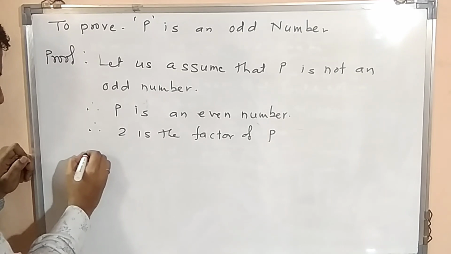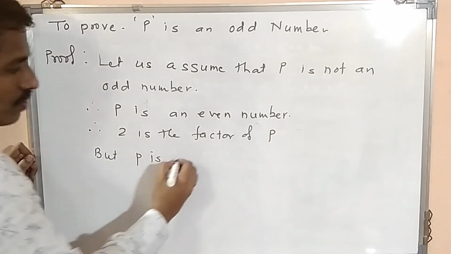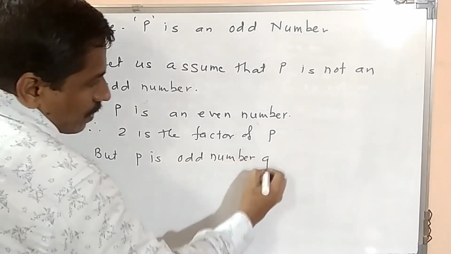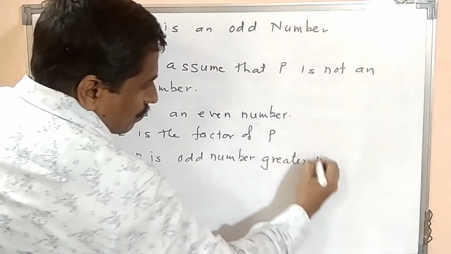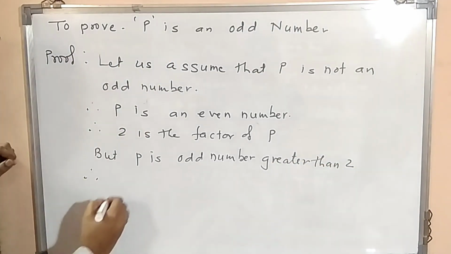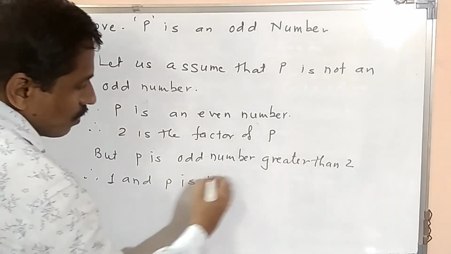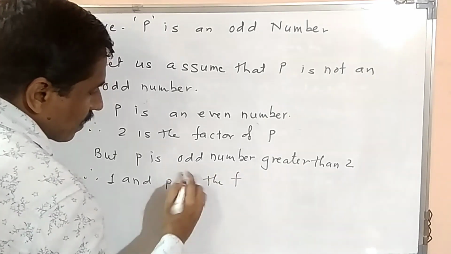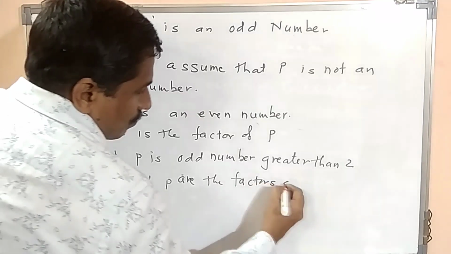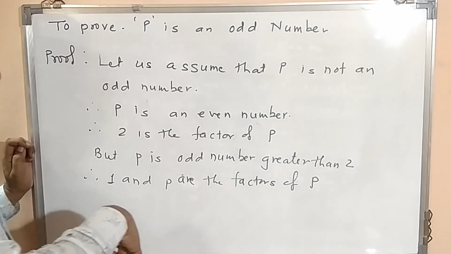But it is given that P is a prime number greater than 2, and therefore 1 and P are the other factors of P. What do you mean by prime number?